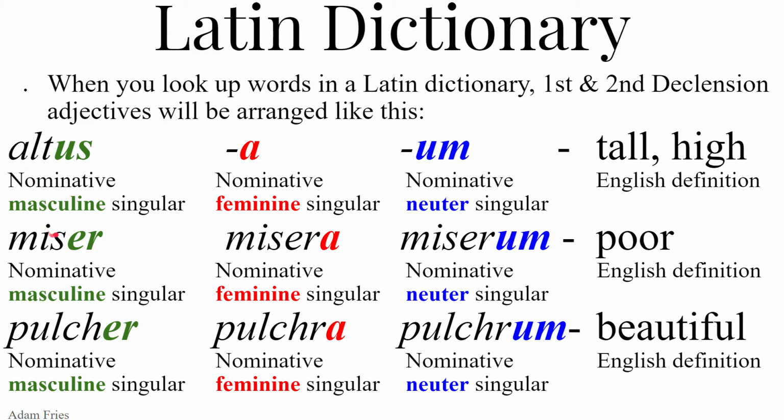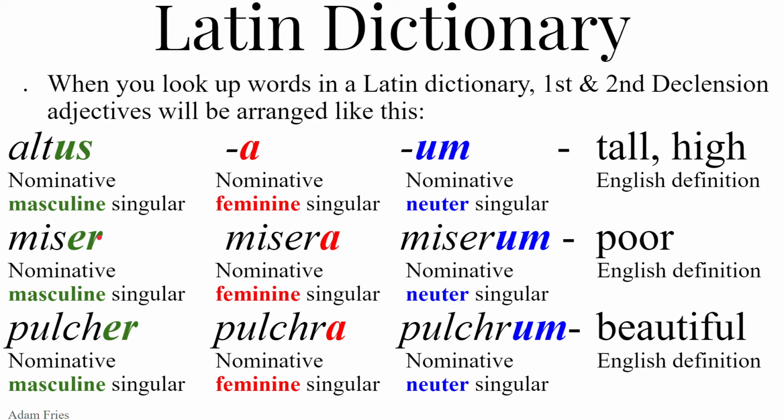Now, miser, misera, miserum, you have to write out the whole forms for the feminine and the neuter, because that's how you get the stem. You do not get the stem from the masculine if the adjective ends in er, like miser and pulcher.